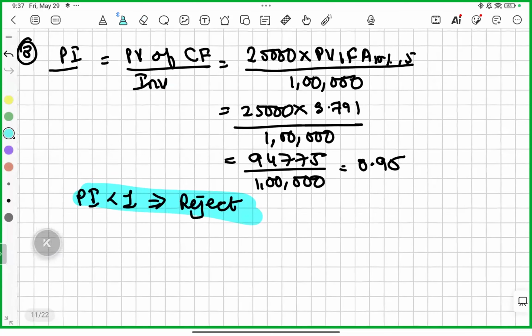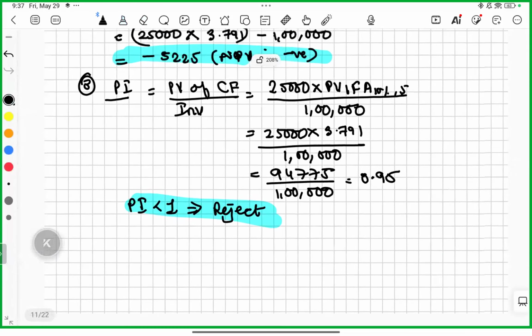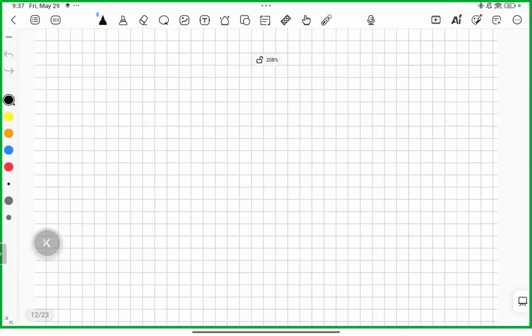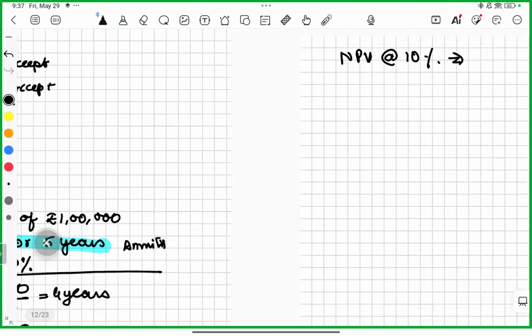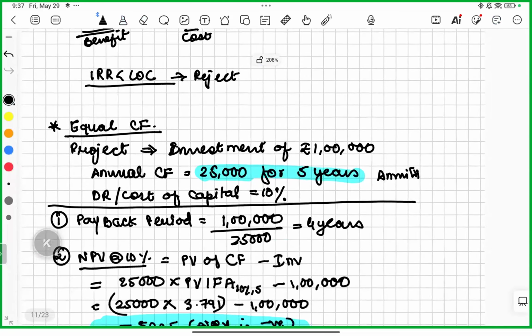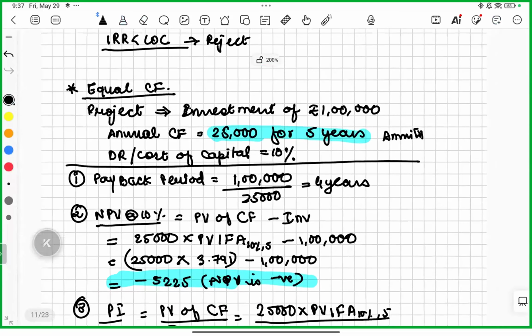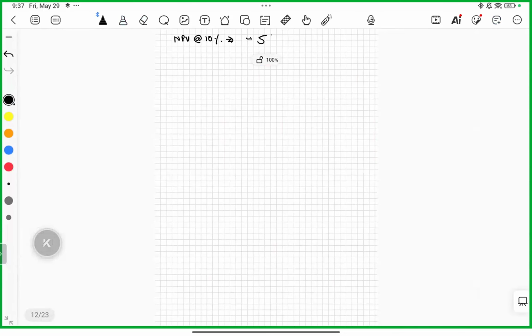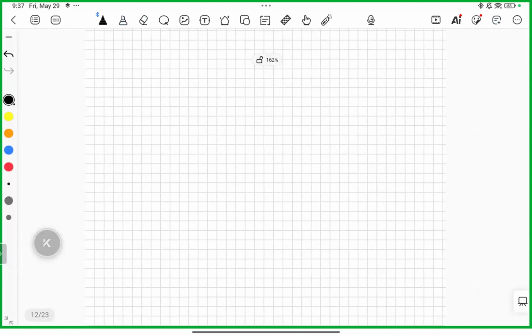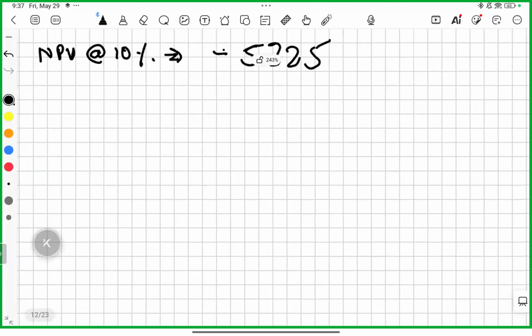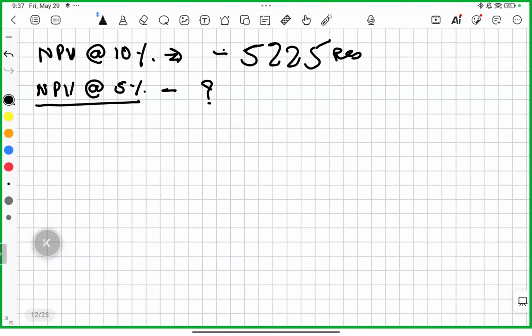Okay. Now, how will you find out IRR? So, here what we have already found is NPV at 10%, which is minus 5225. We already have a negative NPV. Now we need a positive NPV. So what we will do is reduce the discounting rate and find out NPV at 5%.